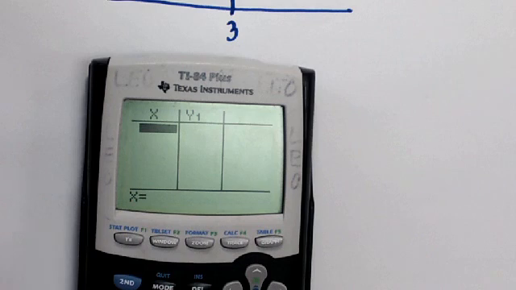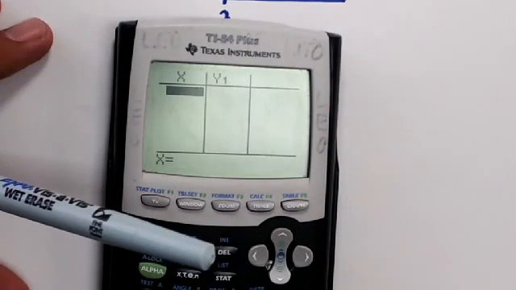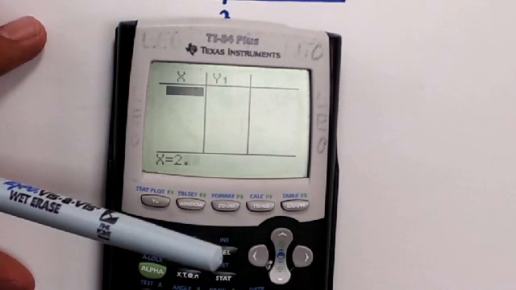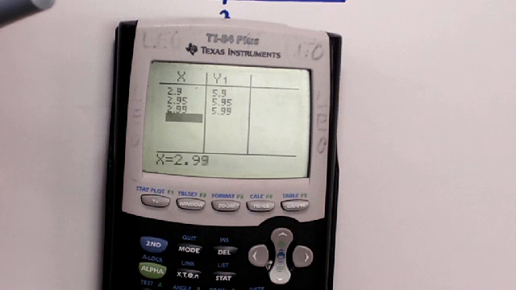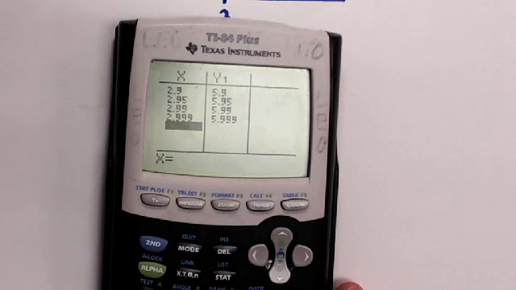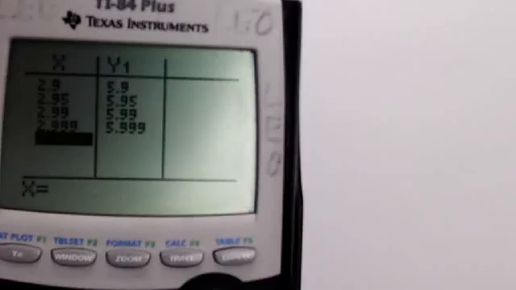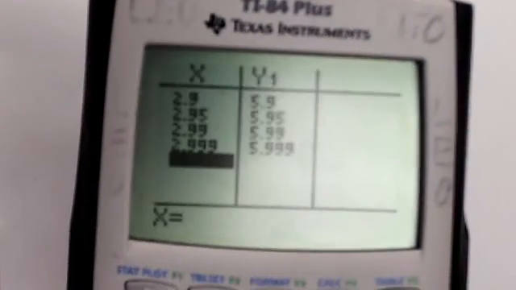The way we were approaching this yesterday was we were choosing, for example, 2.9, and then 2.95. Then we said 2.99. Then we went 2.999, and that gave us a very good idea.